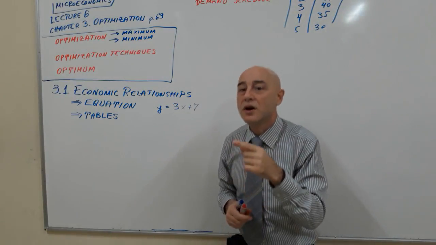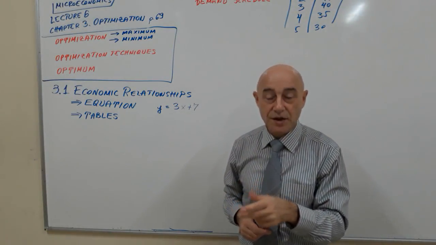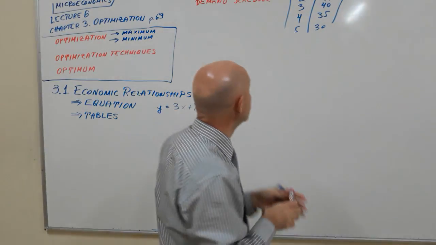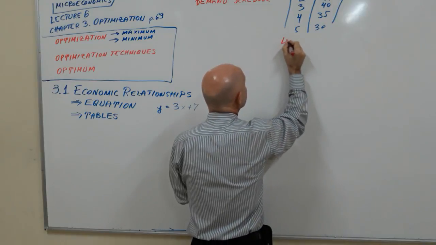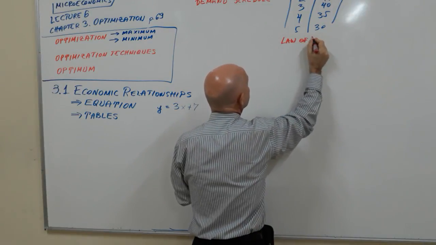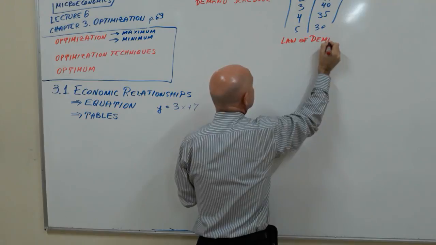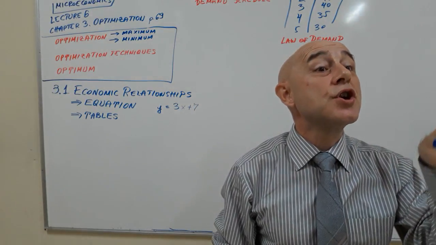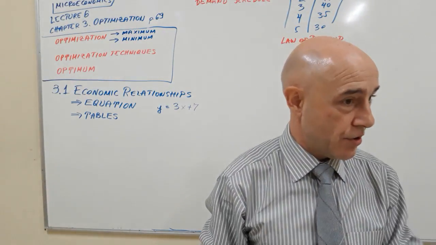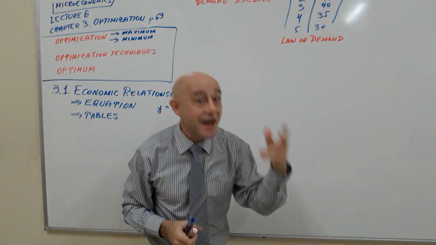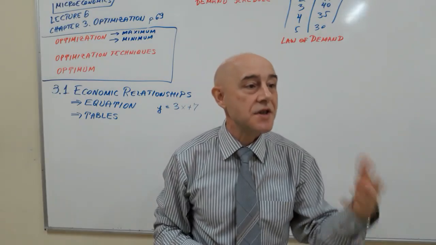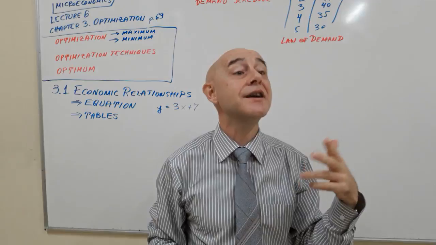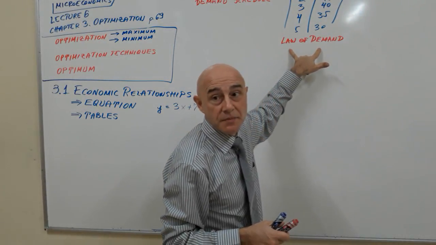The law of demand, which you should have seen on video 4 or video 5, and which you should know because you're likely to get it on quiz number 2, because this is material from chapter 2. So you should expect to know the law of demand.